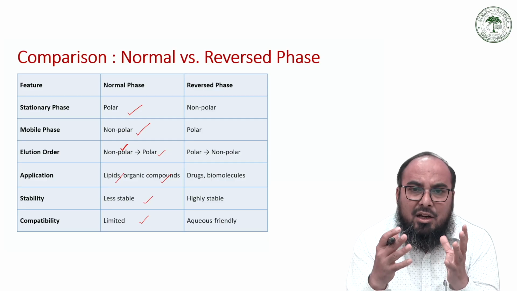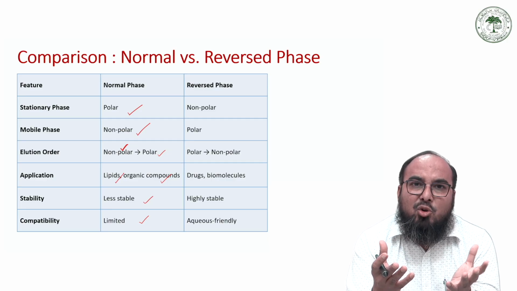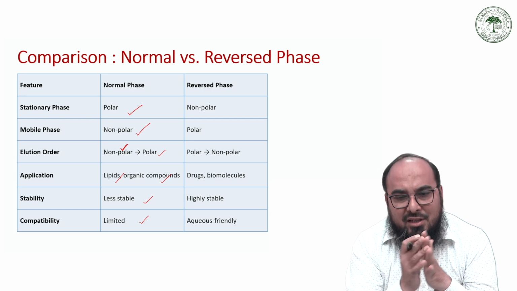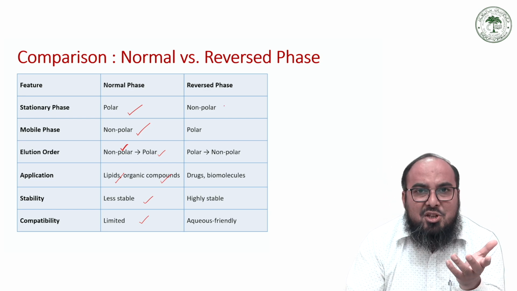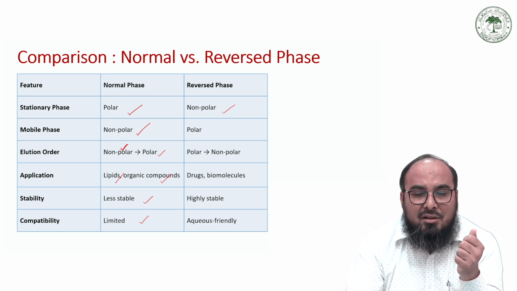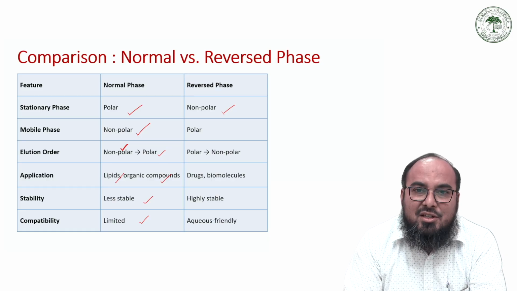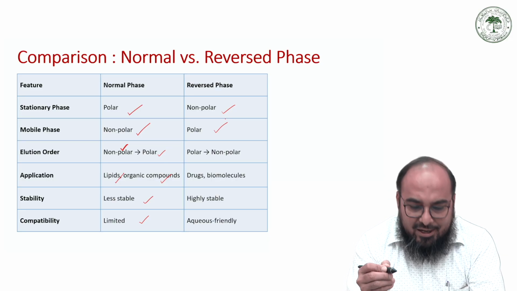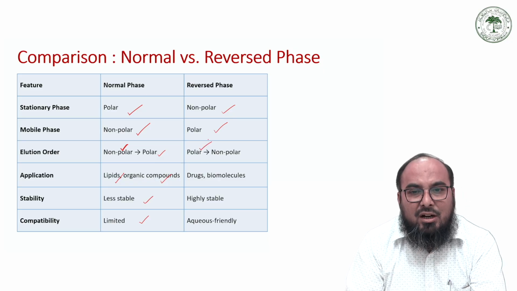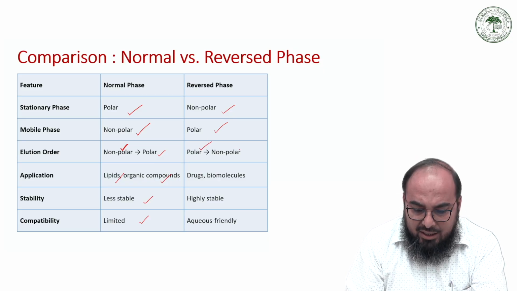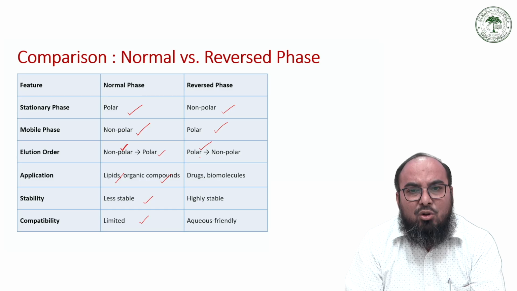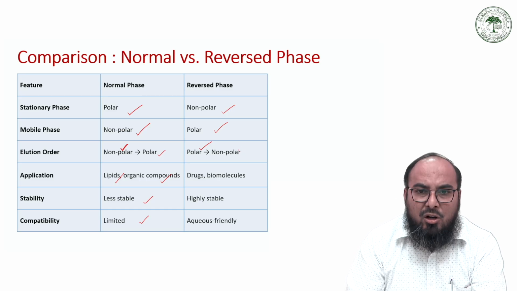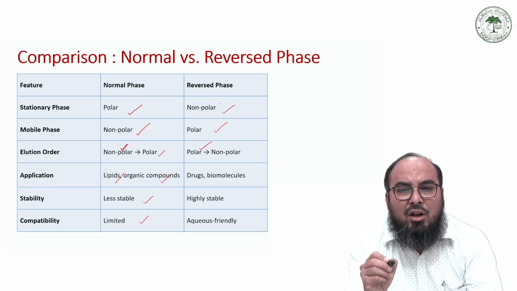Similarly, reverse phase HPLC is called reverse phase because everything gets reversed as compared to the normal phase. Here the stationary phase is non-polar. Since the stationary phase is non-polar, the mobile phase is always polar. It is very good for the separation of polar compounds, and polar compounds will elute first and non-polar compounds will elute last, because the non-polar is going to interact with non-polar very strongly.